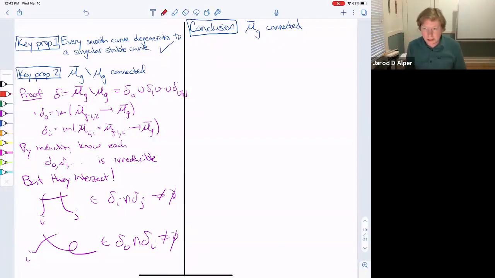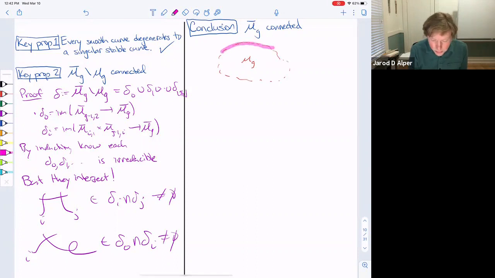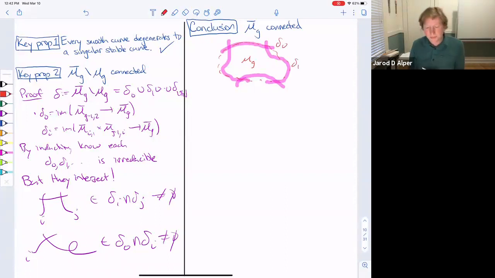Here's a sketch of why this works, basically the picture I gave in the first slide. This is M_g, the locus of smooth curves. On the boundary, maybe here is delta 0, and delta 1, and so on, and they intersect. And the game you play is to show that M_g bar is connected.